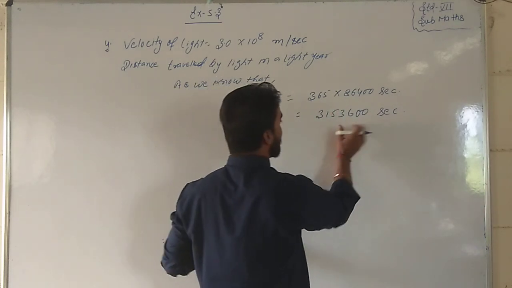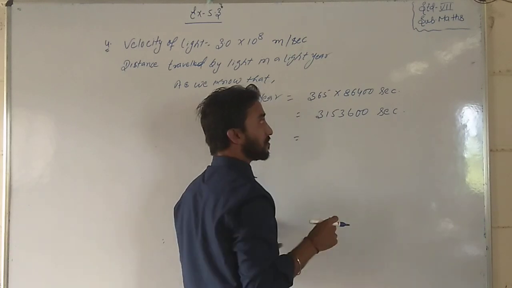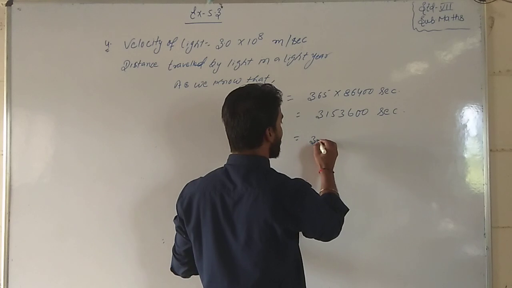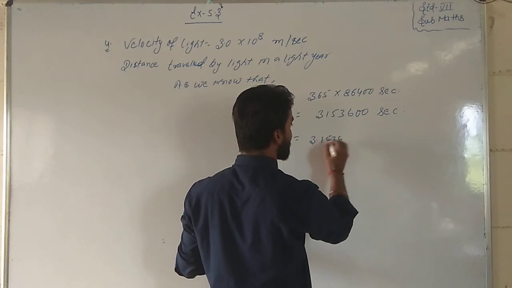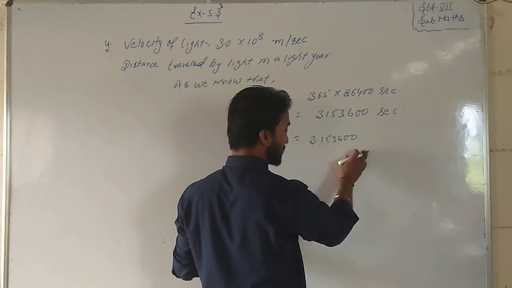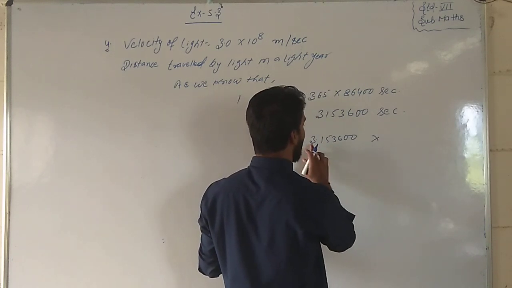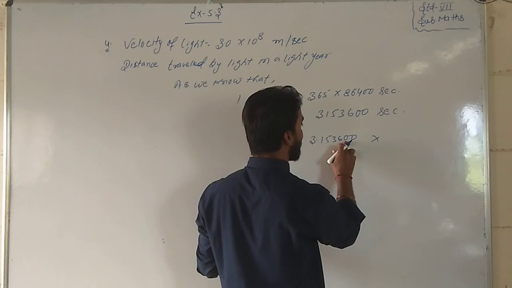So now we have to write in a standard form. To write in a standard form, what will you do? Simple. After the first digit you put a decimal and write all the numbers. Then this number is multiplied by how much? After the decimal, 1, 2, 3, 4, 5, 6, 7.